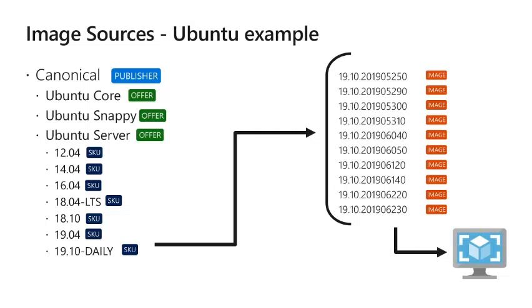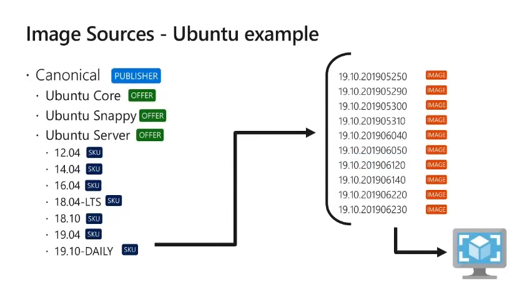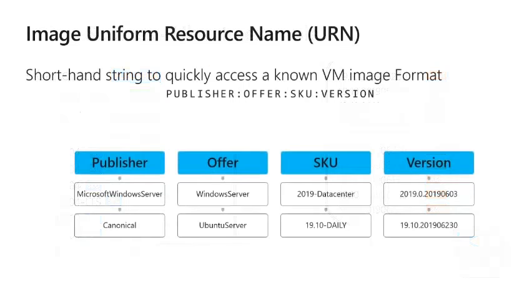You can choose, of course, the source, Ubuntu or whatever, and then the URN, uniform resource name, a shorthand string to quickly access a known VM image format. Publisher: who is the publisher.